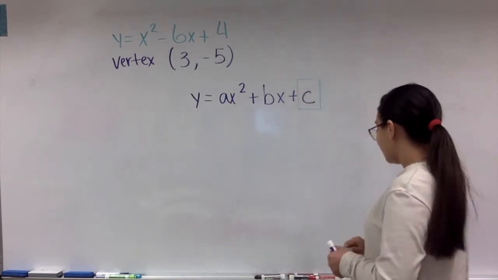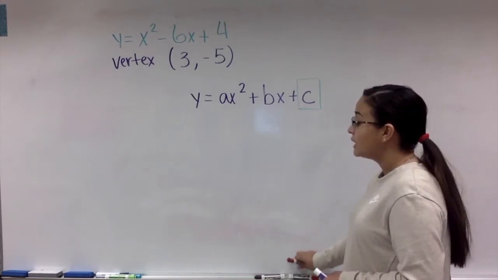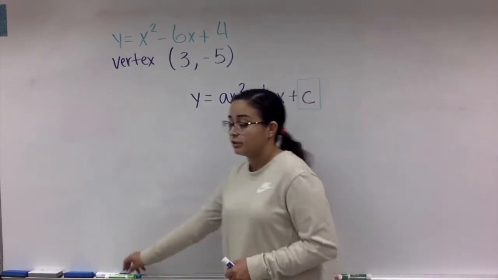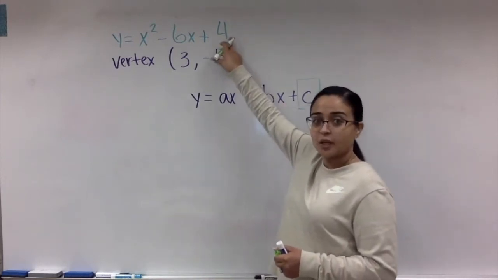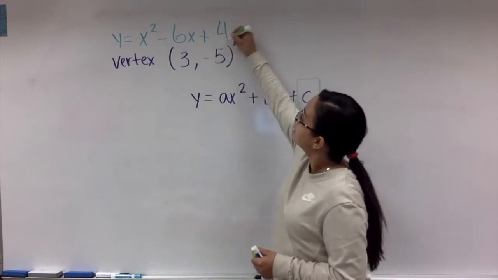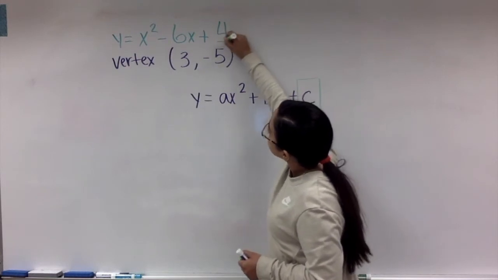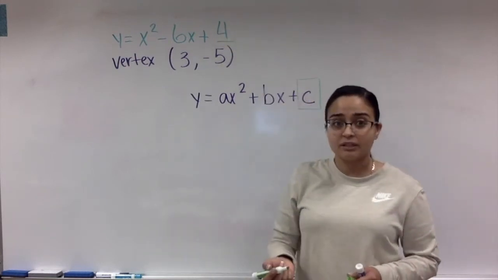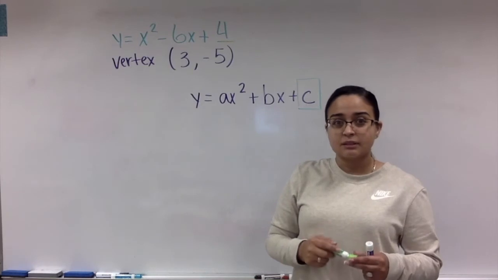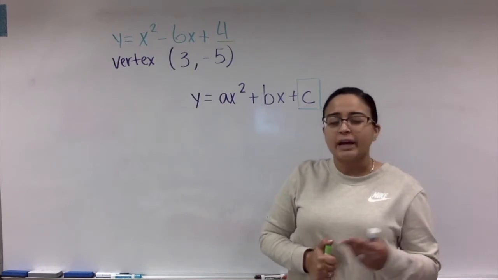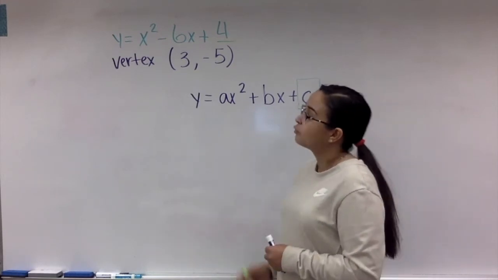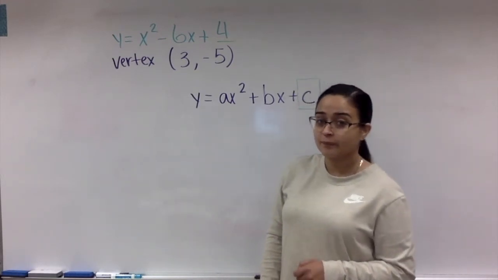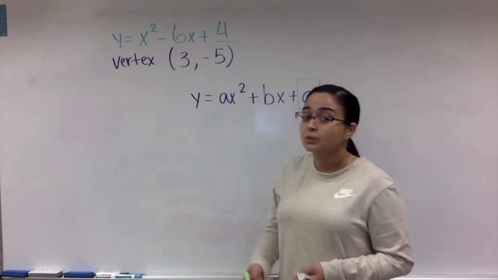Okay? So, knowing this, what is c over here in our example? It's 4. Okay? And what would x have to equal in order for us to get 4? It would have to equal 0.